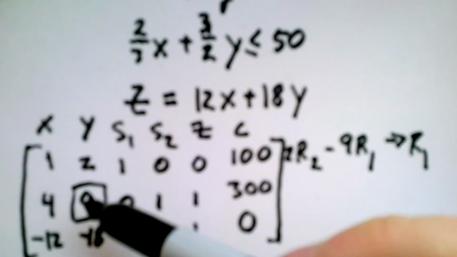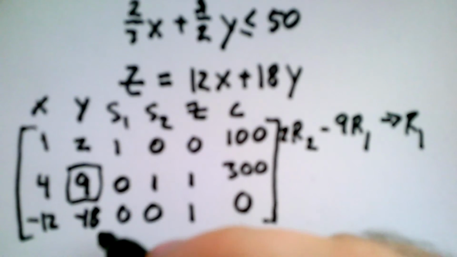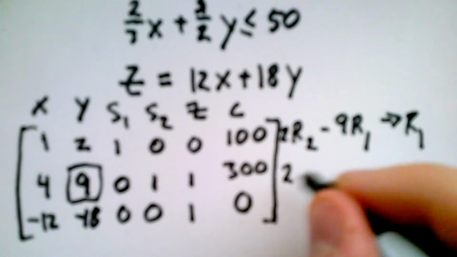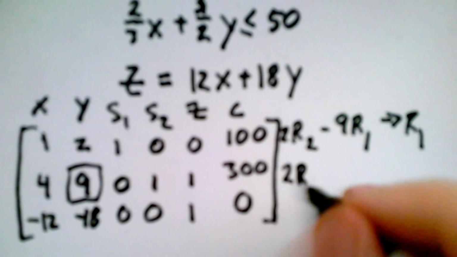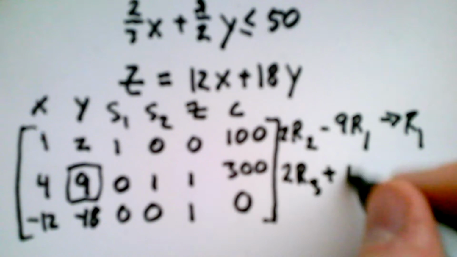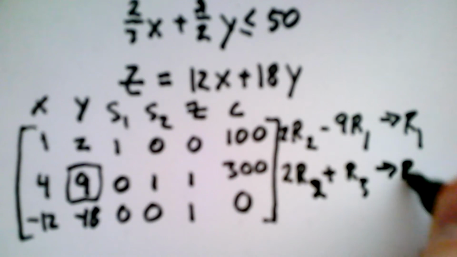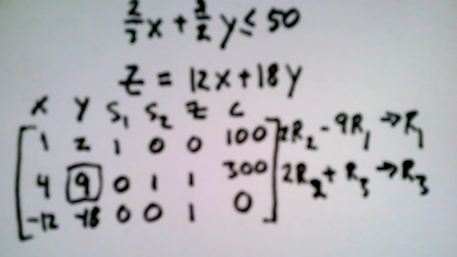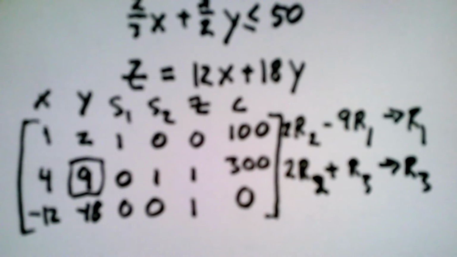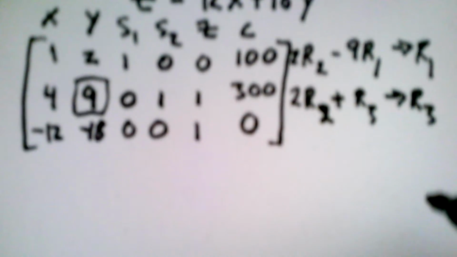Adding those together gives me 0. I also want to get rid of this 18. So 2 times this second row plus the last row will get rid of my last row's 18. The 2R2 plus R3 goes to R3.